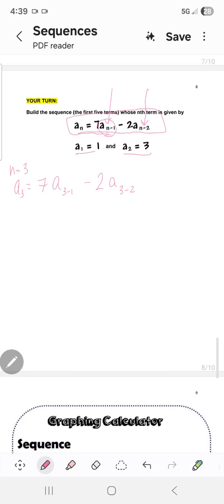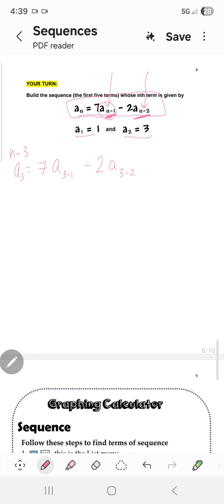All we're doing is plugging in what I want to find. I want to find the third term. N is 3. So what is a sub 3 minus 1? What's 3 minus 1? It's 2, right? So this is 7a2 minus, and what is a sub 3 minus 2?